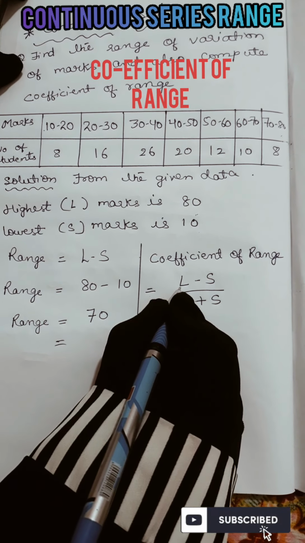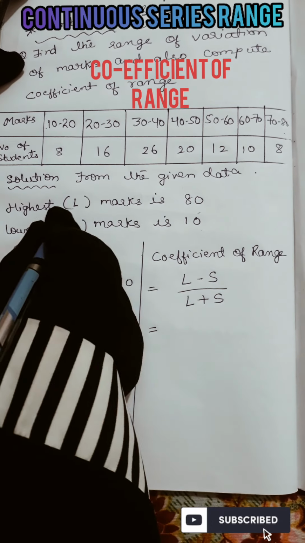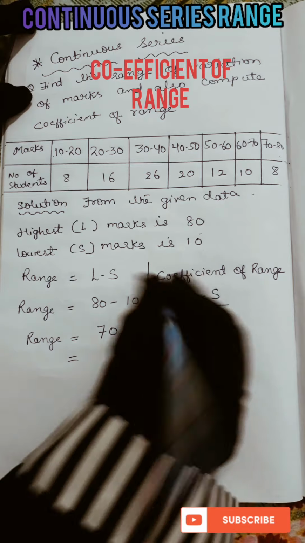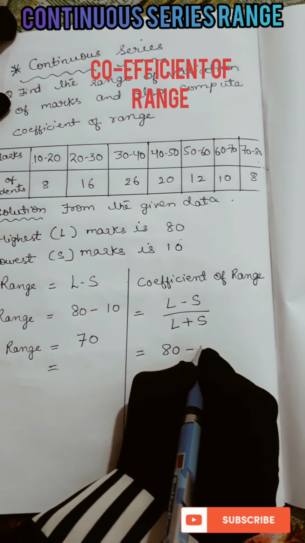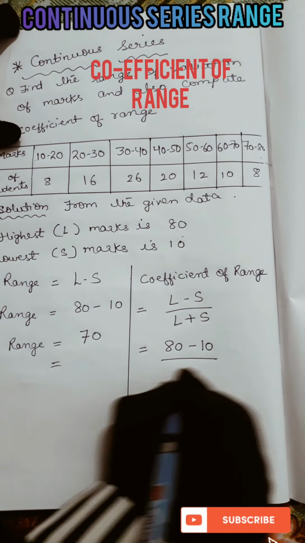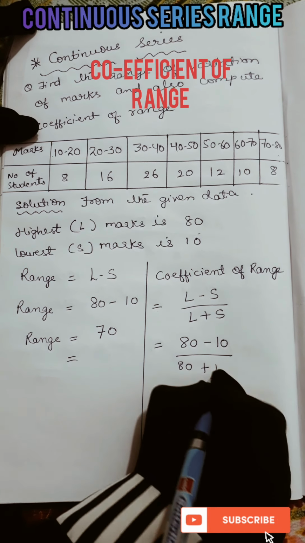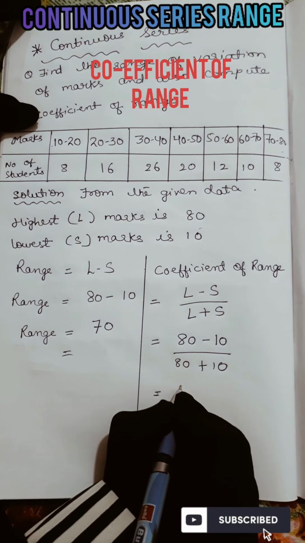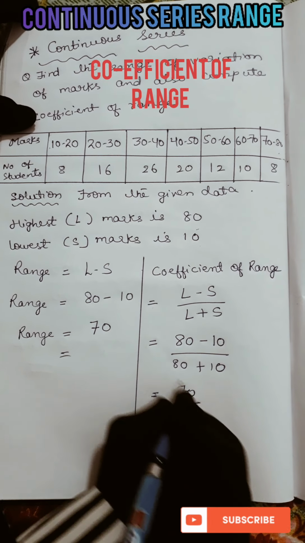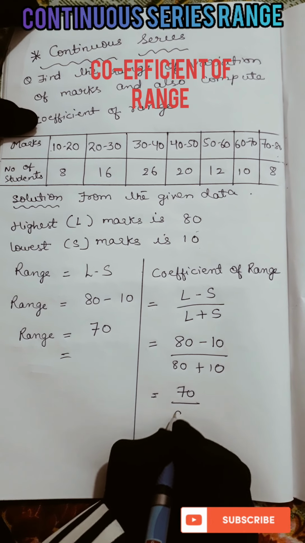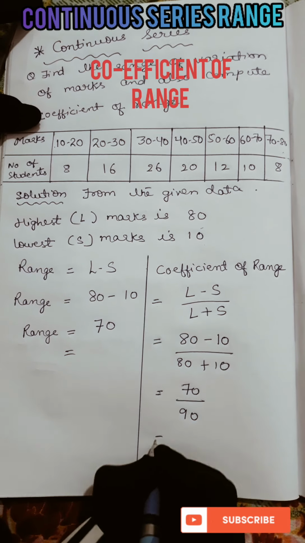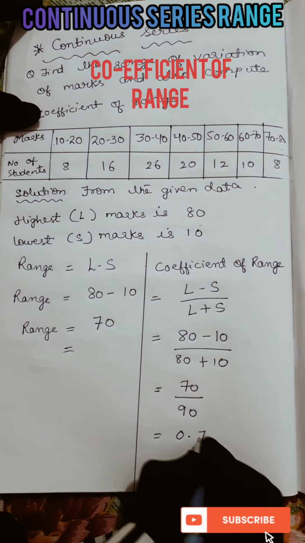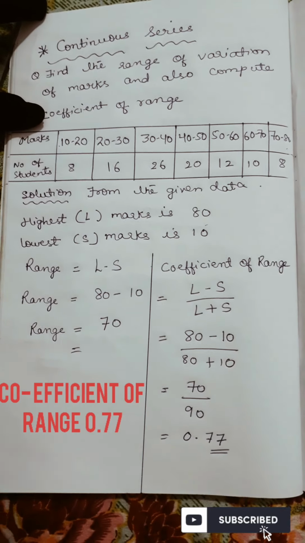In place of L, I am writing 80 and in place of S, I am writing 10 divided by 80 plus 10. 80 minus 10 will get 70. 80 plus 10 will get 90. Coefficient of range is equals to 70 by 90. We'll get the answer 0.77.